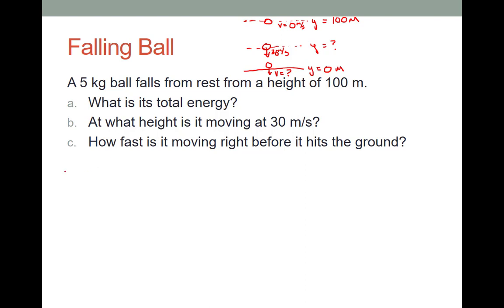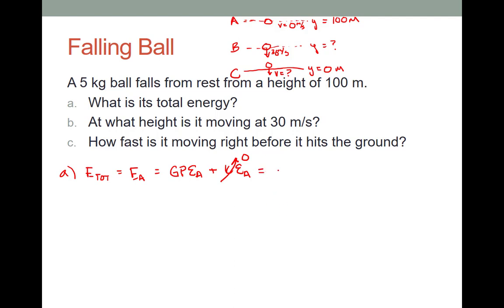To find the total energy, I want to look at the top. At the top, which I'm going to call point A, point B, point C, my gravitational potential energy plus my kinetic energy at A, but my kinetic energy at A is 0 because it's not moving, so I can not think about it.